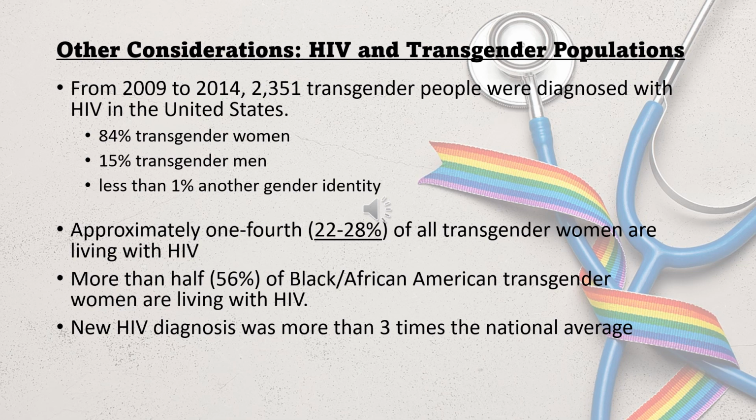Of that percentage, more than half of those are Black or African American transgender women. So new HIV diagnoses are 3 times the national average of other cohort groups such as cisgender males and females and other gay individuals as well. So 3 times the national average, letting you know that there's a greater impact of disparity among this group.